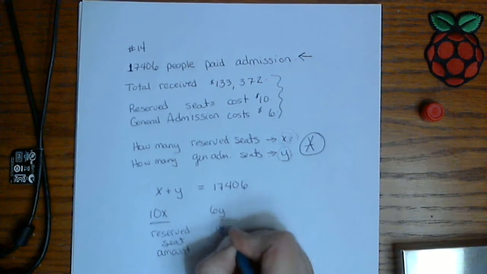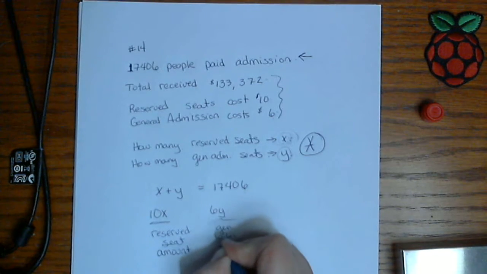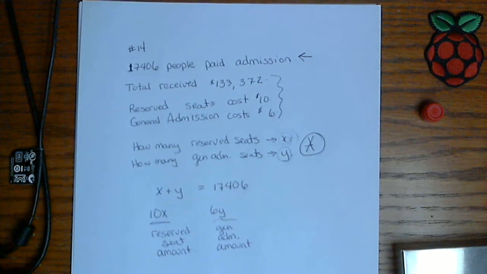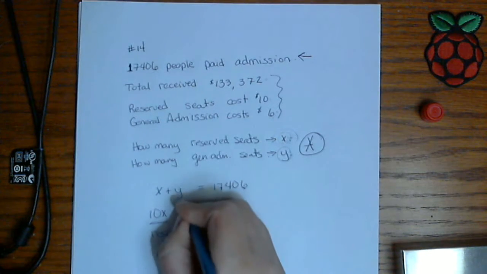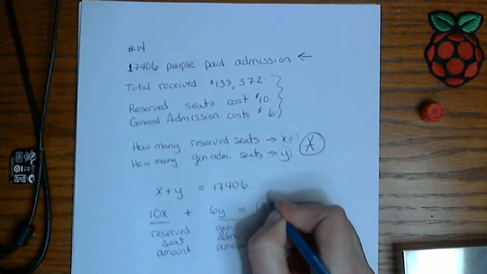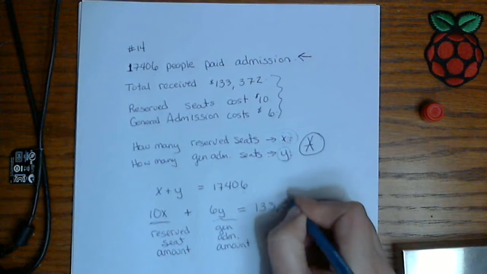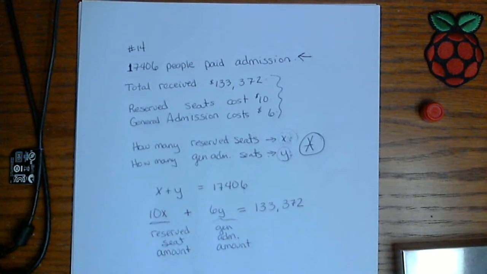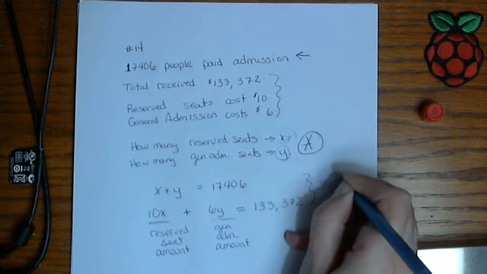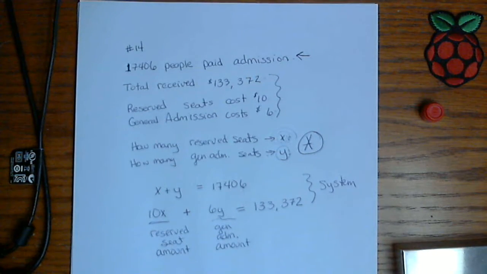That's the general admission amount that was received. So since all of this money had to come from either the reserved seats or the general admission seats, if we add those two amounts together, we need to have a total of $133,372. Okay. So now we have our system of equations, because we have 2 of them, and we have 2 variables, X and Y.